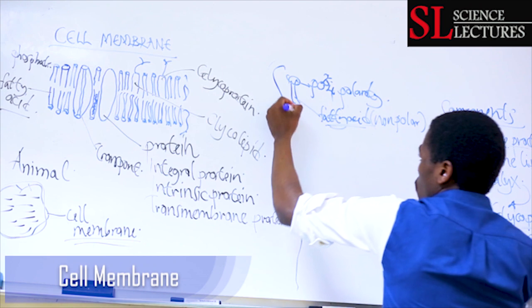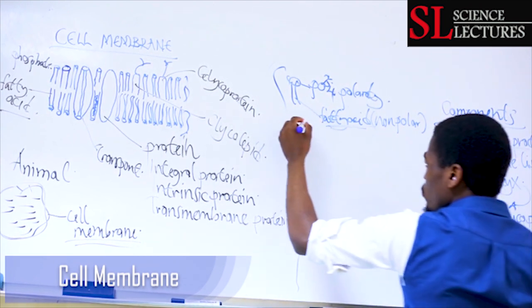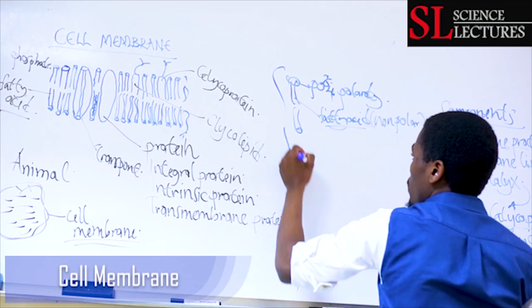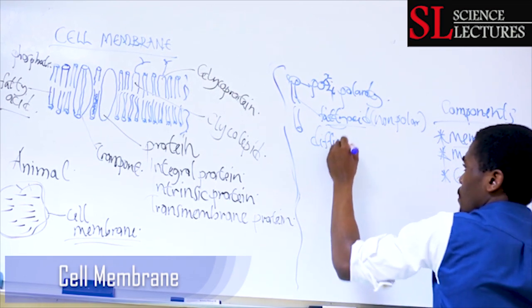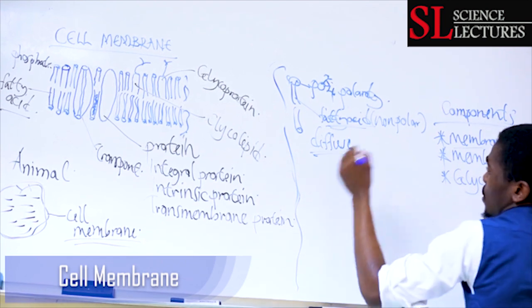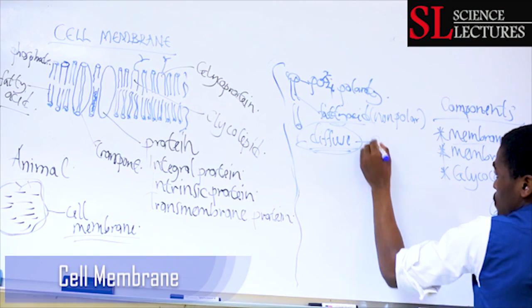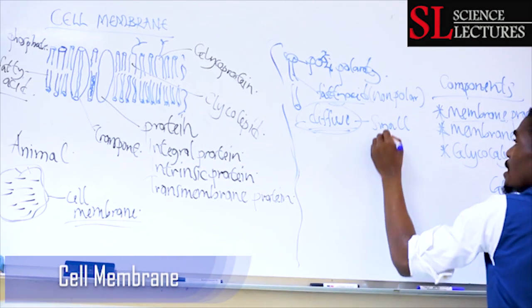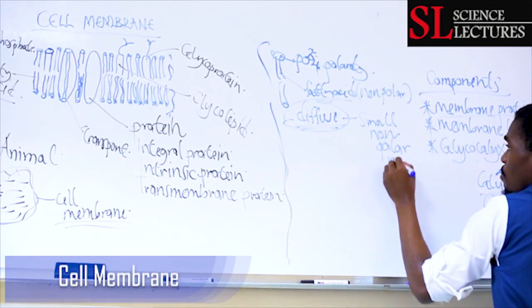When transport is occurring along the cell membrane, what will pass through or diffuse via the cell membrane freely? What will diffuse through the cell membrane freely are the small non-polar molecules.